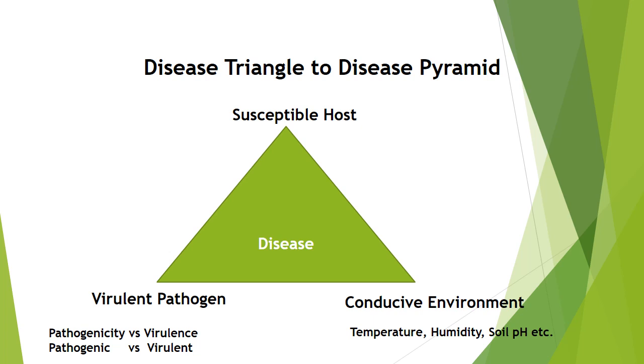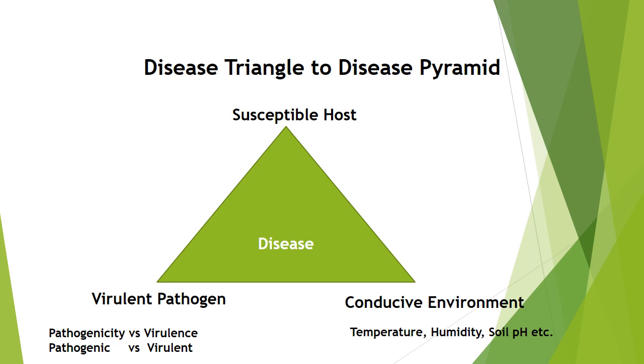But if we take away, for example, the susceptible host, or the virulent pathogen, or the conducive environment, it means that this triangle is not completed. And if this triangle is not completed, there would be no disease.